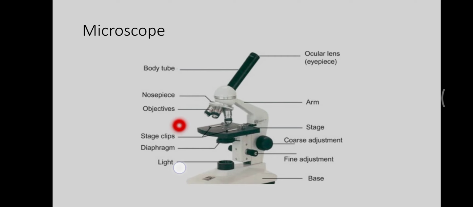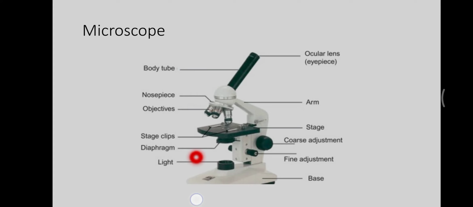These are objective lenses, because these objective lenses will be used to magnify the specimen or object. These are stage clips. The function of stage clips is to hold the specimen slide still on the stage so that we can easily observe the slide by moving the stage.